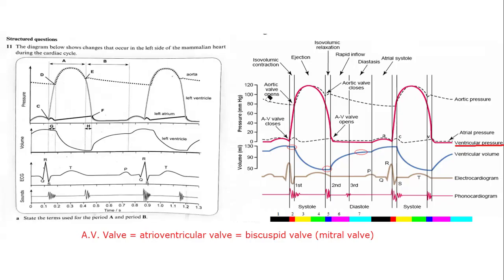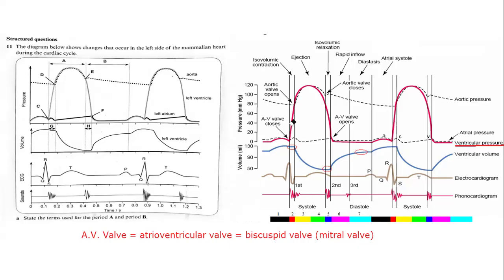Now we have aortic pressure. So the ventricular pressure continues to increase because there's a squeezing, right? We're in the systole period, the contraction period.